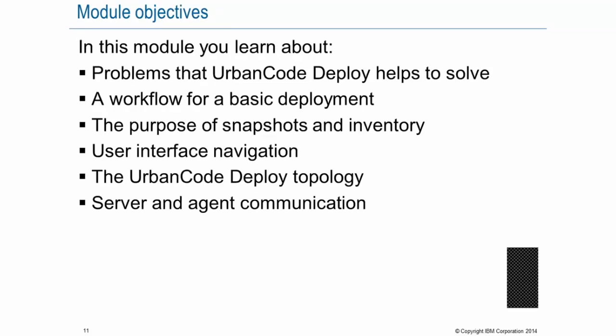Let's talk briefly about the overview of snapshots and inventory and the key terminology and the application model itself in Urbancode Deploy. Go over user navigation, talk briefly about the deployment topology, and talk about how the server and the agent communications work in Urbancode Deploy.